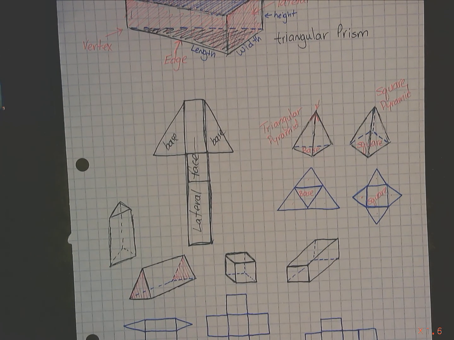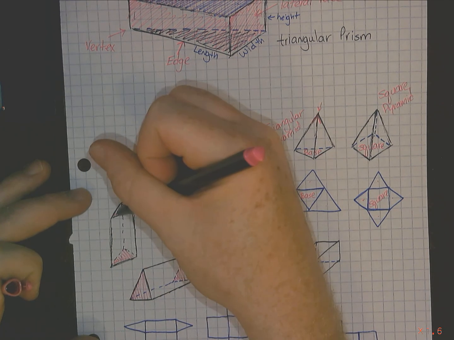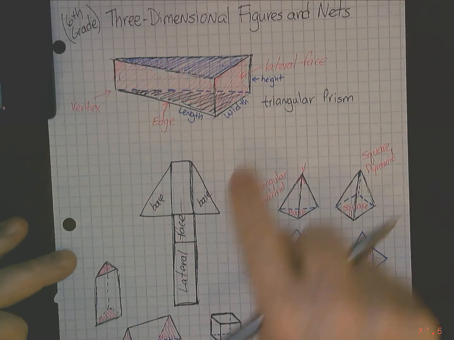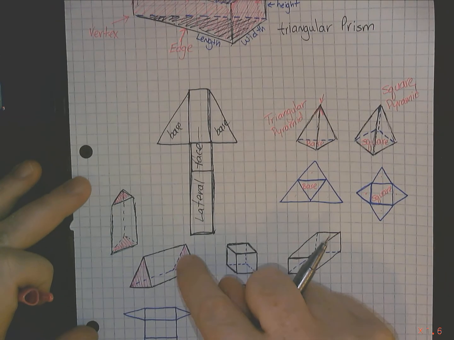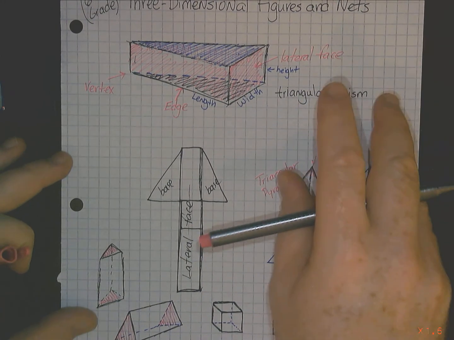So if I were to draw it standing upright, it would look like this. But basically it's the same thing as that. This is just a little bit more narrower, right? It's not as long. The lengths and the width is not as long. But it's the same thing.